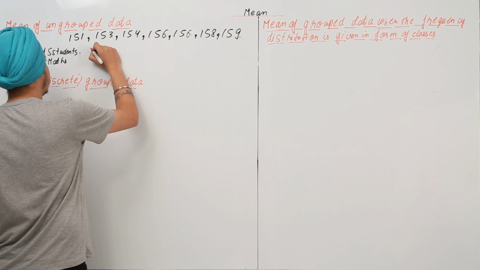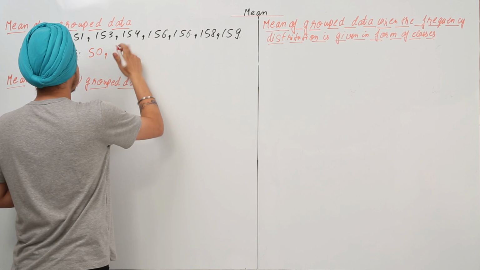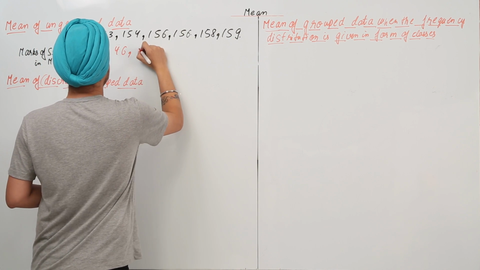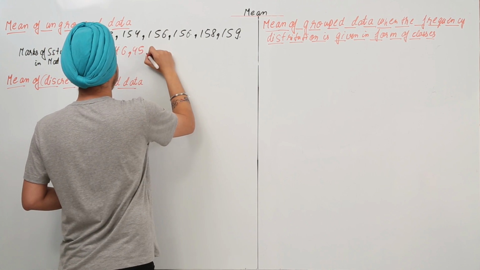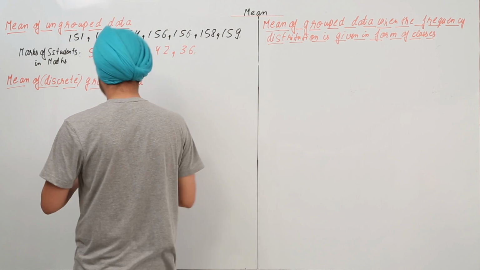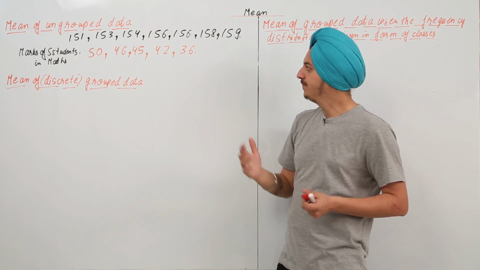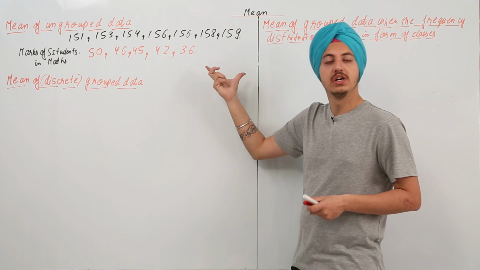One student got 50, another student got 46, then there was 45, then 42, and then there was one with 36 marks. So these are the marks of the students out of 50. This is again an ungrouped data.